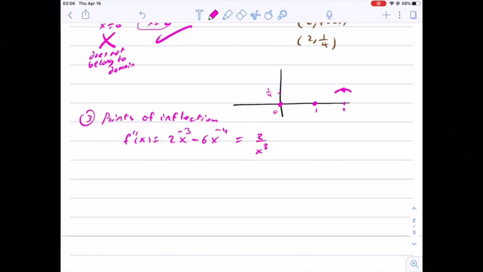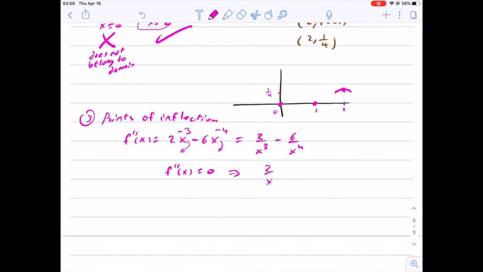Okay, now we can rewrite this as a fraction. If we bring these down to get positive powers, we get 2 over x cubed minus 6 over x to the 4th.